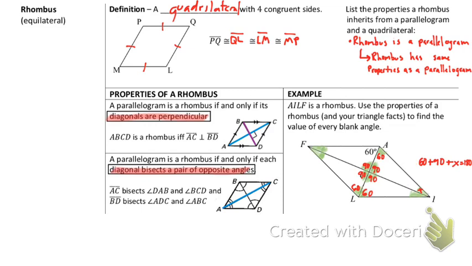So now I'm going to do the math. 60 plus 90, that's 150 plus x, that's going to equal 180 here. Subtract 150. X is going to equal 30. So we now know that this angle here has to be 30.